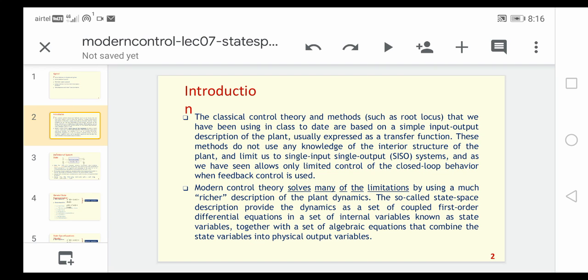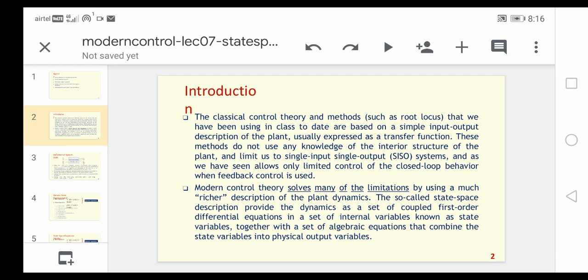Introduction. We already know classical control theory, which we already studied. In classical control theory, we just concentrate on transfer function analysis. Why is the transfer function analysis there, and then why do we prefer modern control theory or state space analysis?